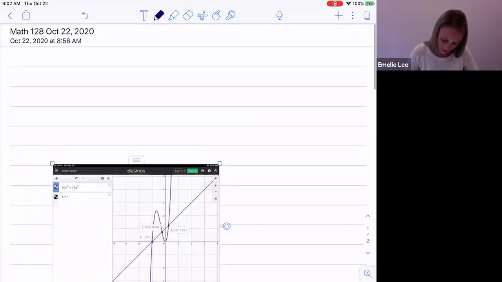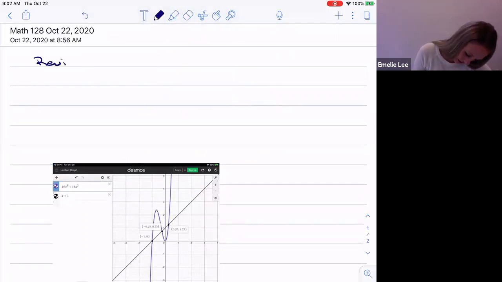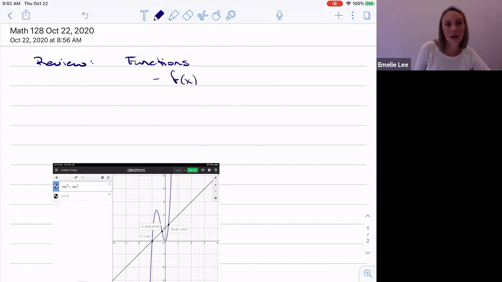I'm gonna keep that for just a little bit here. Last day we started with functions. So as a quick review, we started talking about functions. We had function notation, f of x.